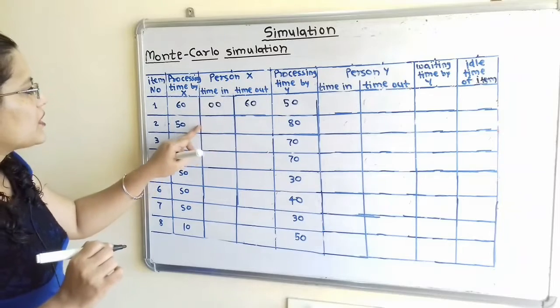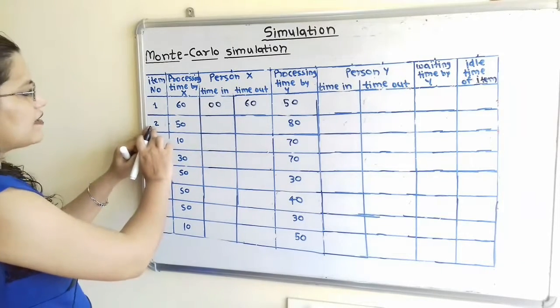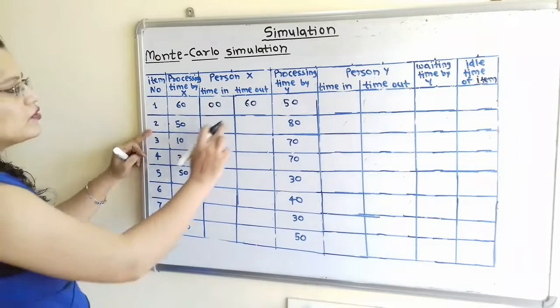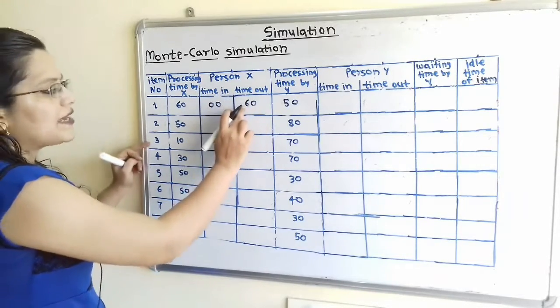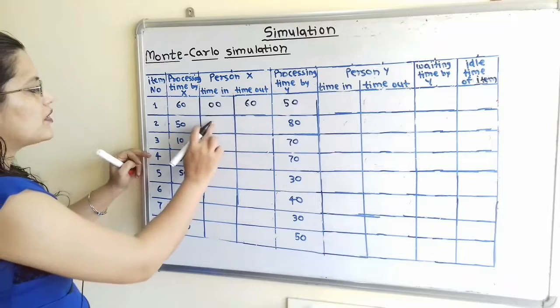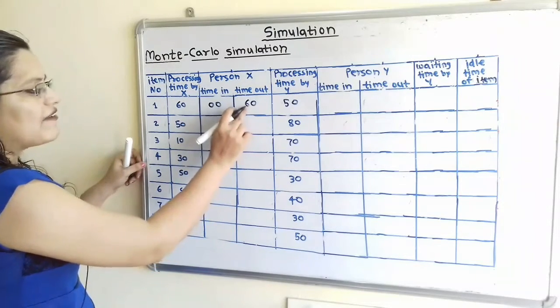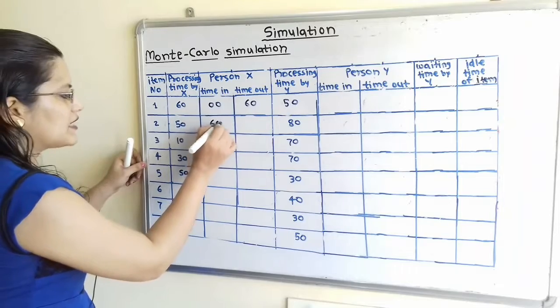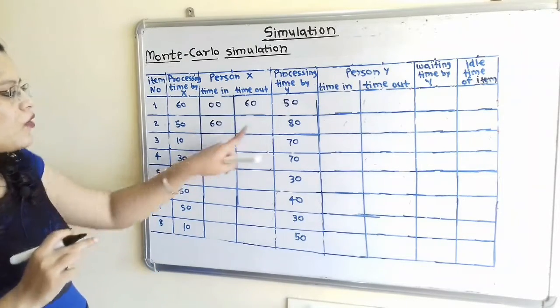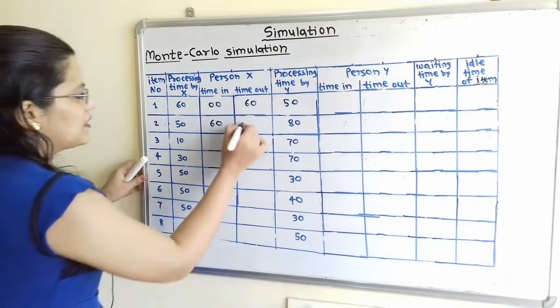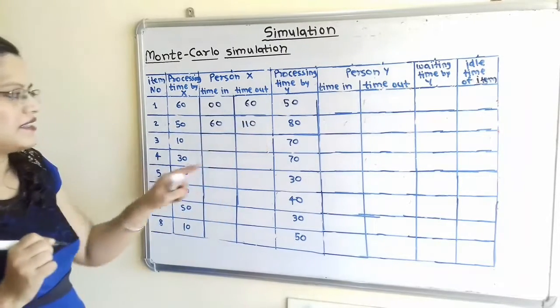Now for the second item, the time in is 60 seconds, because person X is free only after 60 seconds. The processing time is 50 seconds, so 60 plus 50 is 110 seconds.